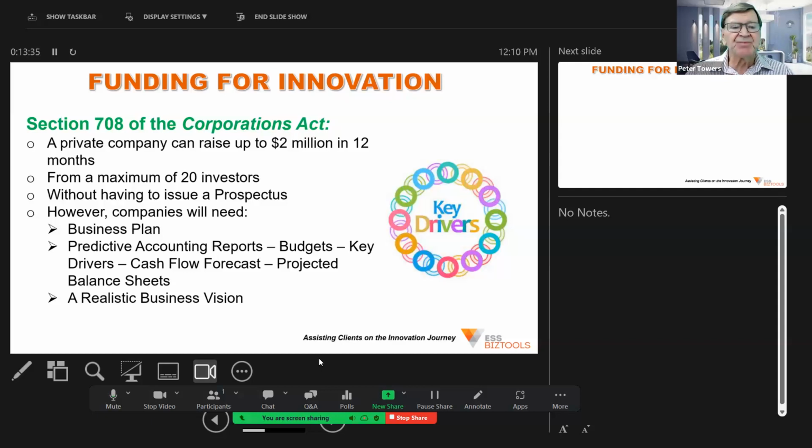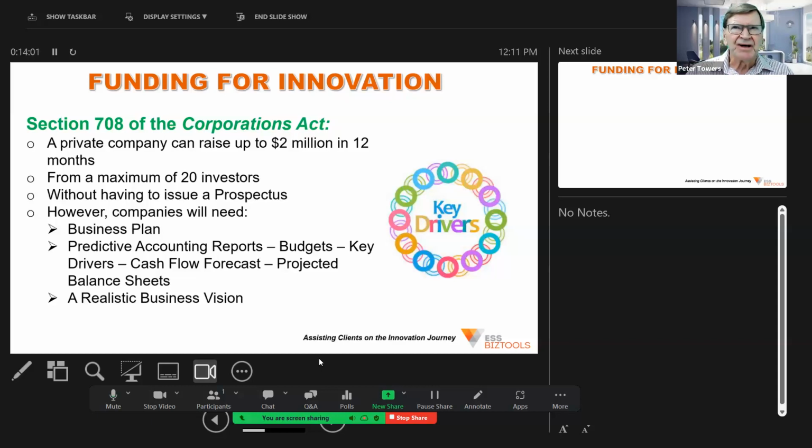So they need a business plan, and they need predictive accounting reports, budgets, key drivers, looking at debtors, creditors, inventory, supplies, how much money is going to be tied up and all that, cash flow forecasts and projected balance sheets, and a realistic business vision.